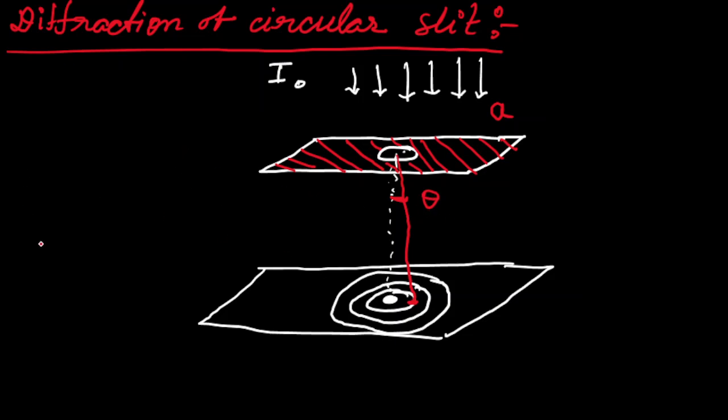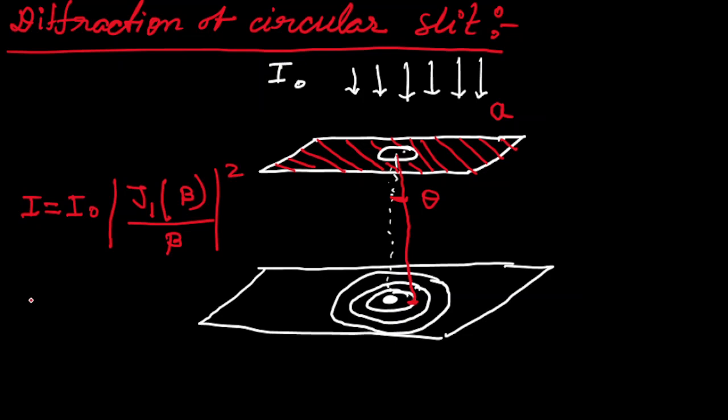So at this point, intensity can be written as I is equal to I naught times the first order Bessel function of beta divided by beta, whole square.